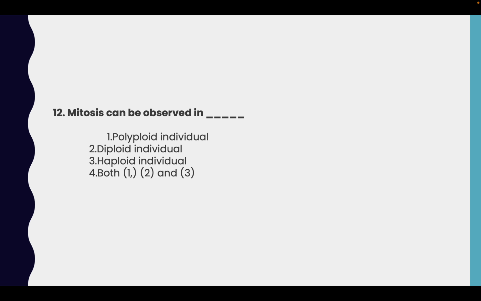And if haploid, having one set of chromosomes, and mitosis occurs there, then it will form haploid only, right? Mitosis can also occur in polyploid cells. It may be disrupted due to abnormal chromosome number, but it happens there as well. So all cells carry out mitosis.